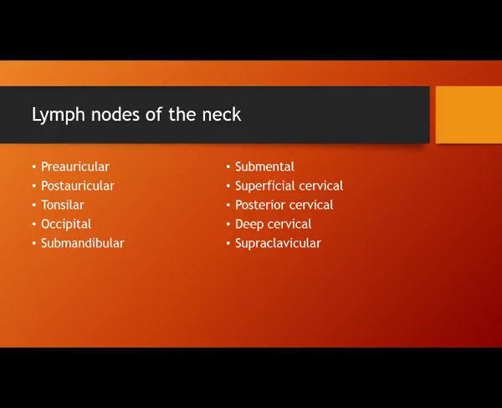Look in the book where all of these lymph nodes are. And then finally supraclavicular. So you need to know where to find these lymph nodes so that you know where to palpate for them, because later on we'll be palpating for each of these lymph nodes, and also the area that they are draining.